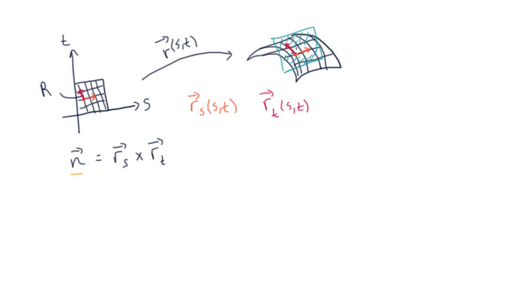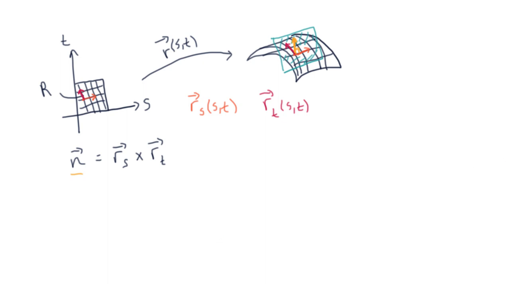So this vector n, which is the cross product of those two vectors, is going to be normal to the plane. So if I wanted a normal vector, I could just take the cross product of the two partial derivatives of my parameterization. And that's super cool.